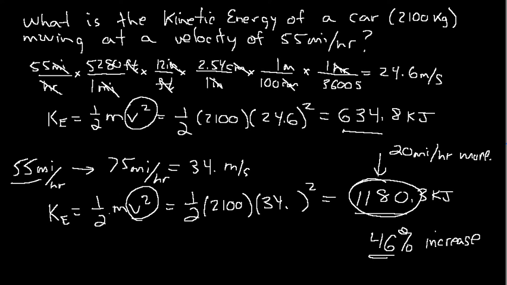So it's going to go up at a squared rate. It's not linear. So as you increase speed, there's a nonlinear correspondence, and the kinetic energy then is going to go up as the square.